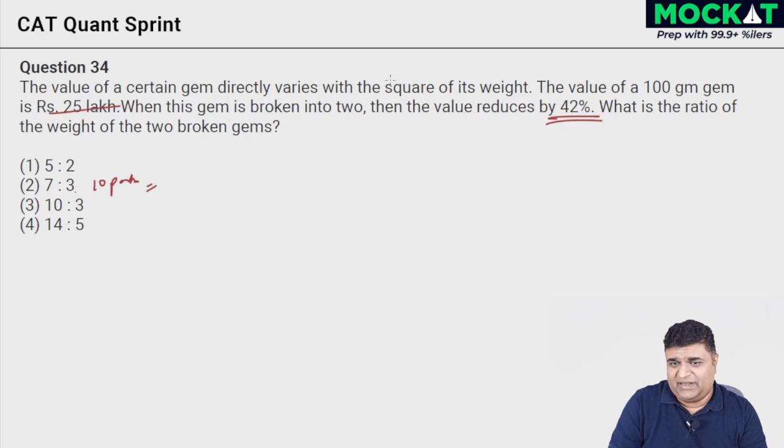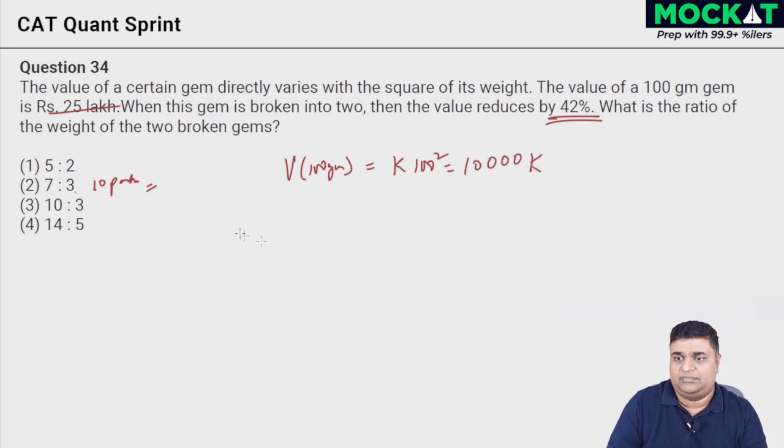So let's see as to what we get. Now ignore the 25 lakhs, it doesn't really matter, right? The value of a certain gem directly varies with the square of its weight. So value of the 100-gram gem is going to be K into 100 square of its weight, right? That's 10,000 K. Yeah.